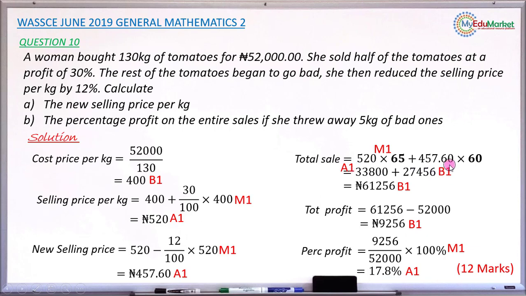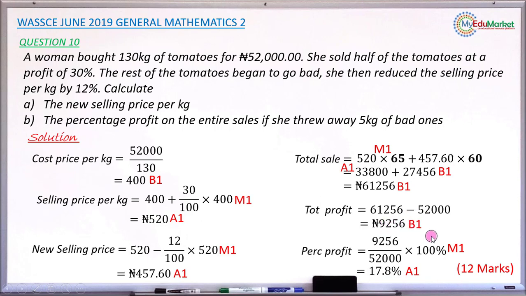You have this bonus one mark when you have the total sales of 60 kg at the new selling price of 457.60 kobo. And when you add the two results and you have the total sales as 61,256, you have a bonus one mark. And when you have the total profit as 9,256 correctly, you have this bonus one mark.